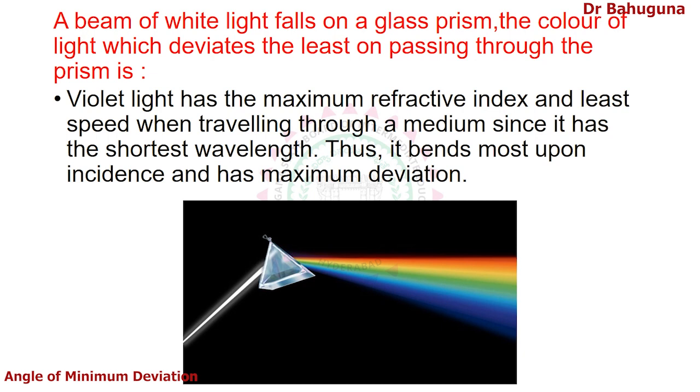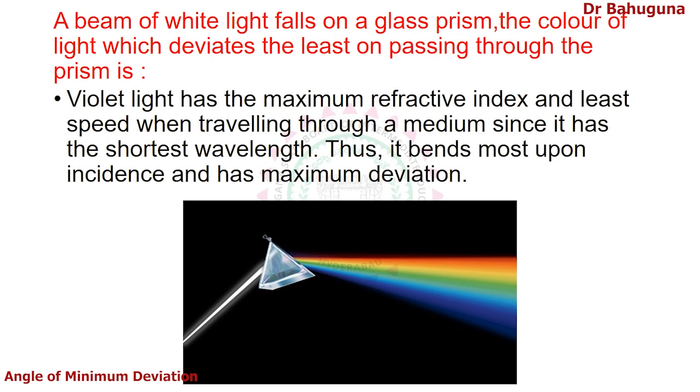Here we are going to further discuss the deviation also. The violet light has maximum refractive index and least speed when traveling through a medium. Since it has the shortest wavelength, it bends most upon incidence and has maximum deviation.